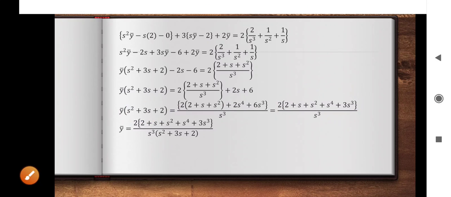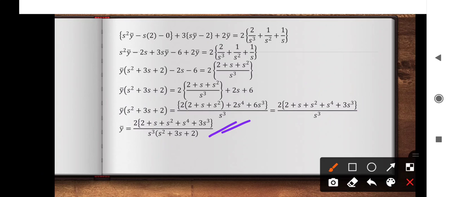So you will get this y bar just as a function of s. So this completes one part of the solution, to find the Laplace transform of the given differential equation.